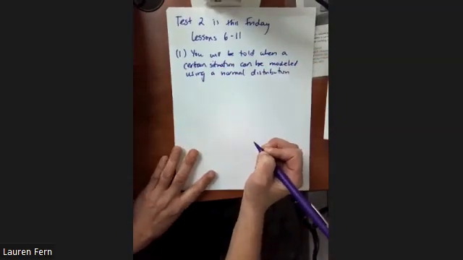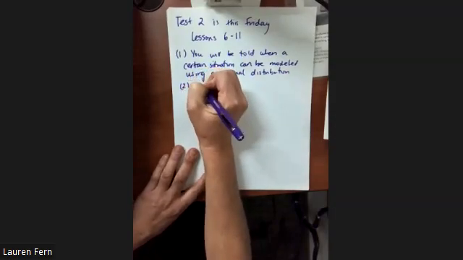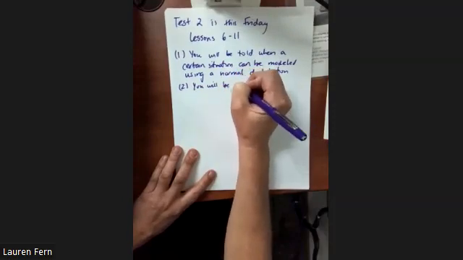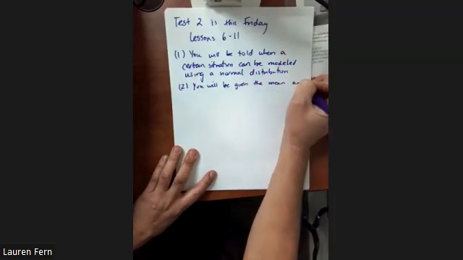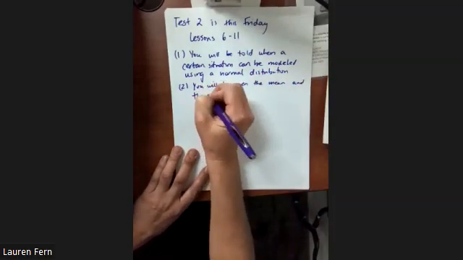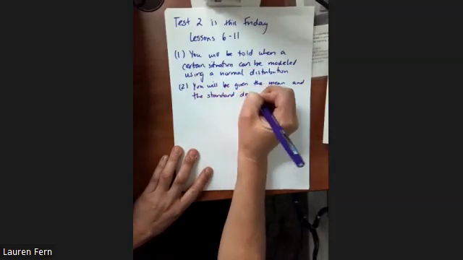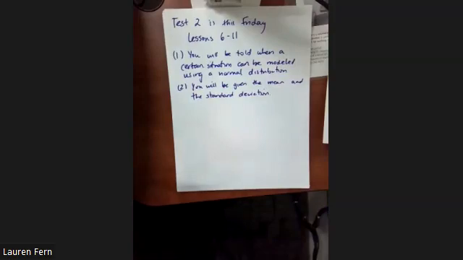Number two, in these exercises, you will be given the mean and the standard deviation. So there's really no guessing games with that. So number one, you're going to be told it's normal, and number 2 and 3, you're going to be given the mean and the standard deviation.